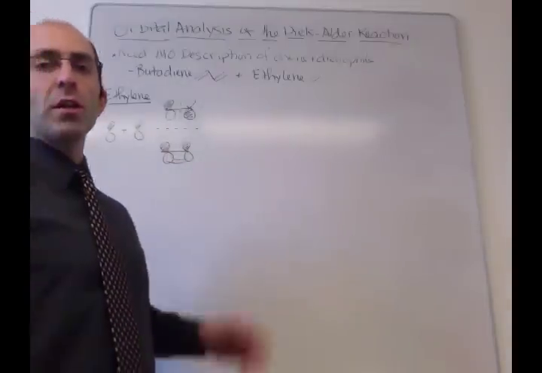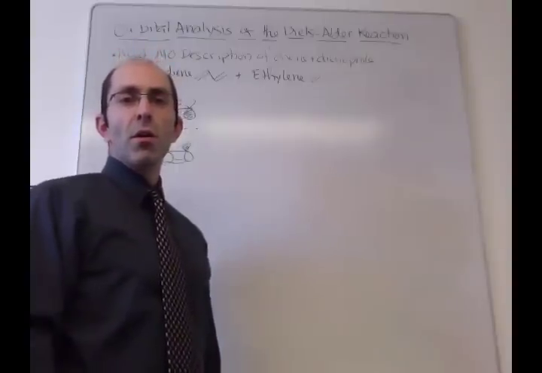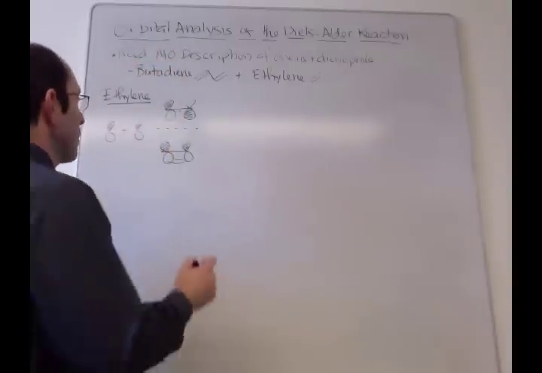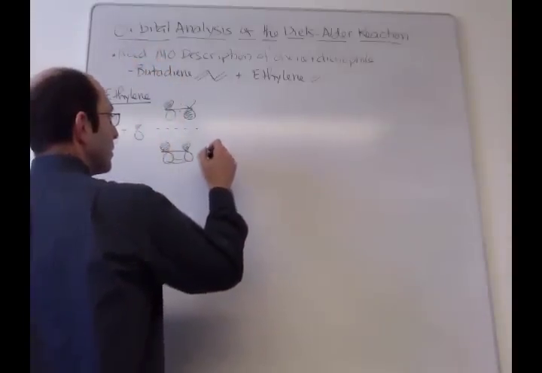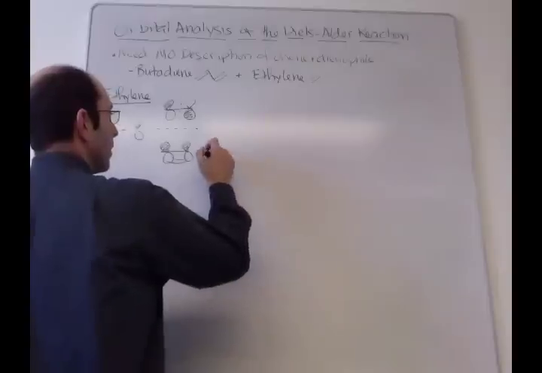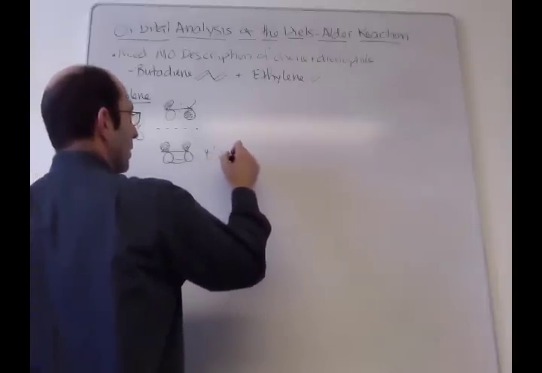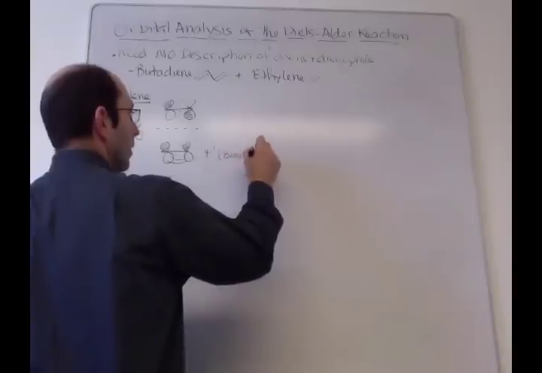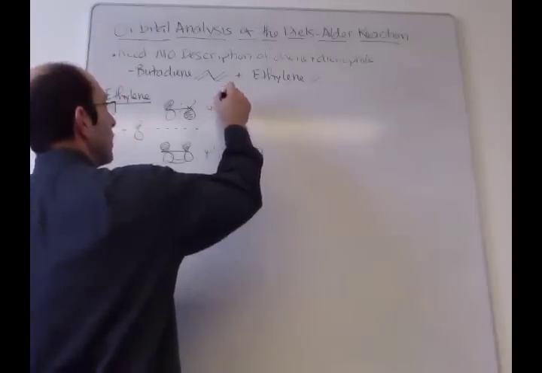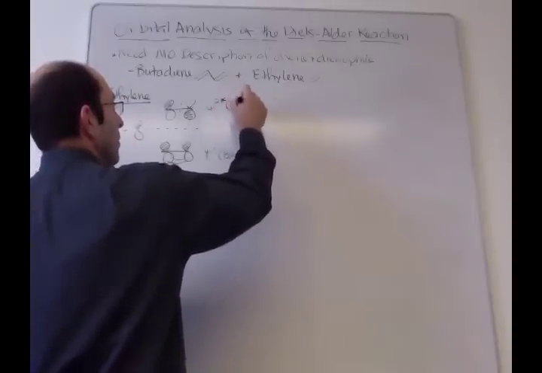Right? I'm going to use shaded and unshaded. Klein uses color red and blue. Right? So here we have bonding. So this is going to be psi1, which is bonding. This is going to be psi2 star, which is anti-bonding.